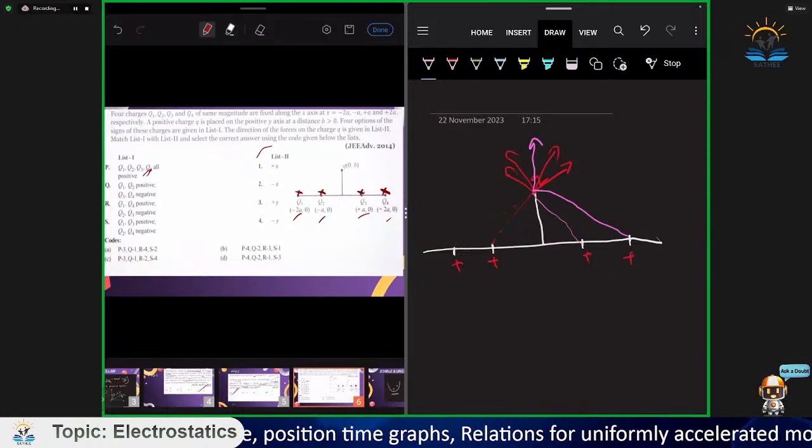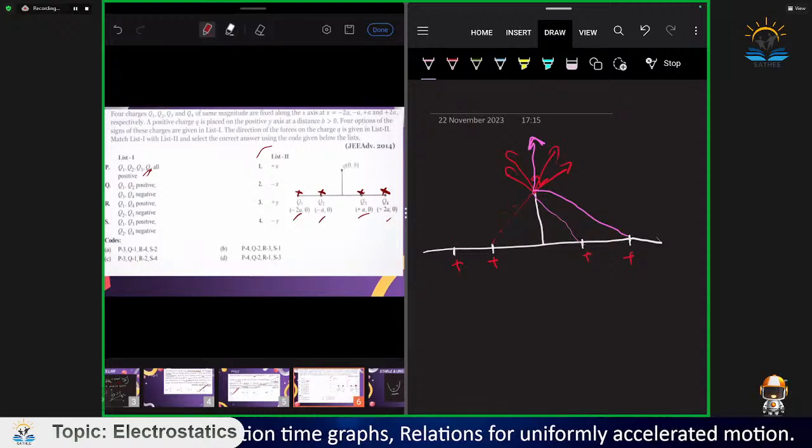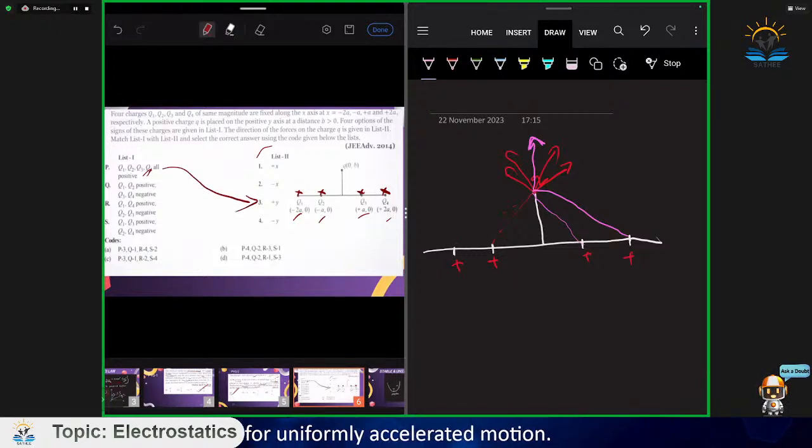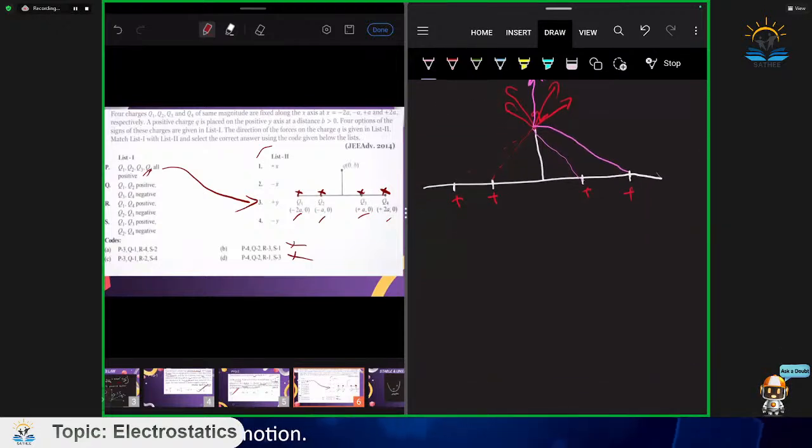So net force will be along the positive y-axis. So P should correspond to option 3, positive y-axis, because all positive charges will repel. So P3, we can cut these options. So A or C is the answer. Next, R.